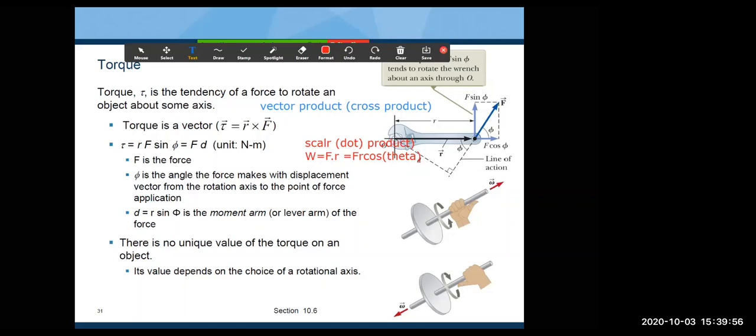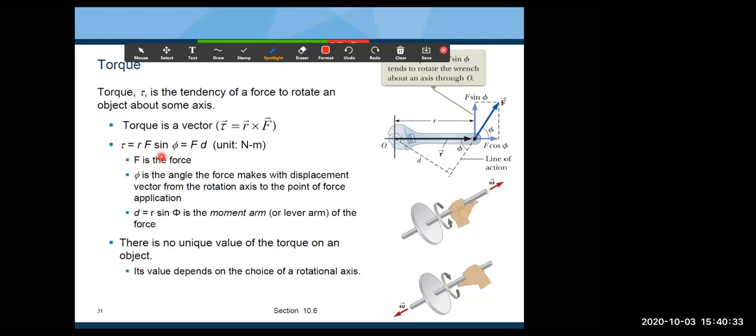And the idea is you have this cross product, which is equal to r cross F. Numerically, it is equal to r times F times sine phi. Phi is the included angle between the r vector and the F vector.